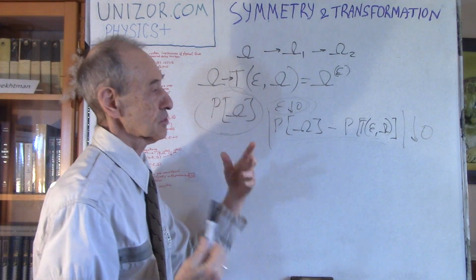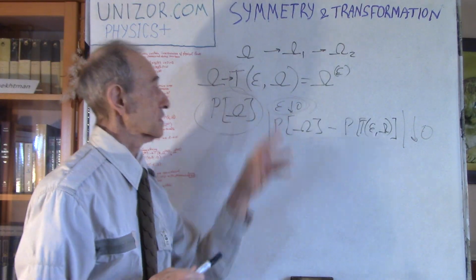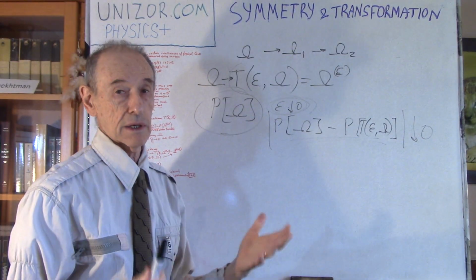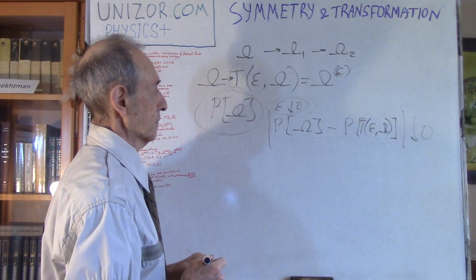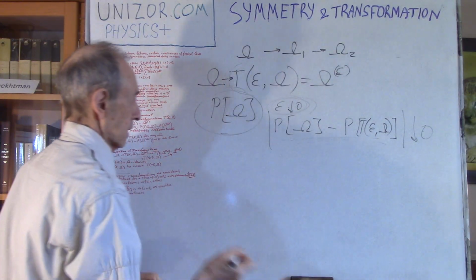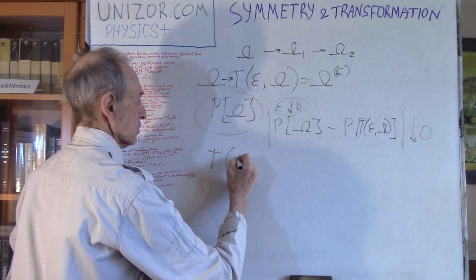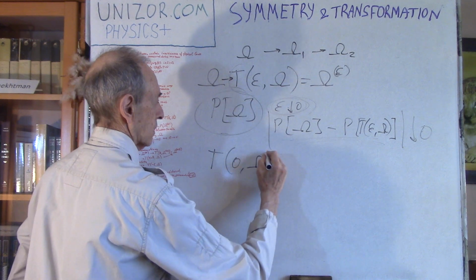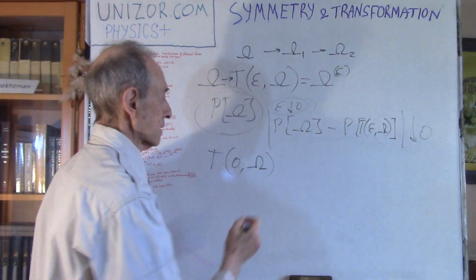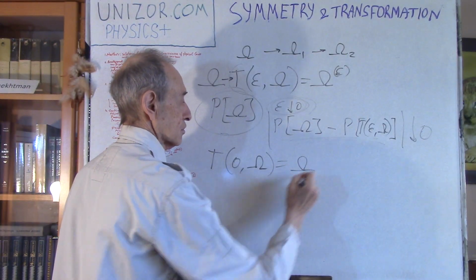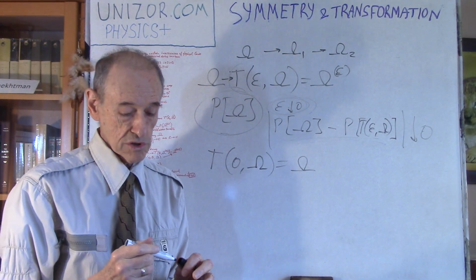Okay, now let's talk about the word group I was talking about. So transformation must be, all the transformations must be a group. What does it mean? Well, primarily it means the following. Let's talk about transformation of this type. So what if epsilon is equal to 0? Now I would like this to basically not change the object.